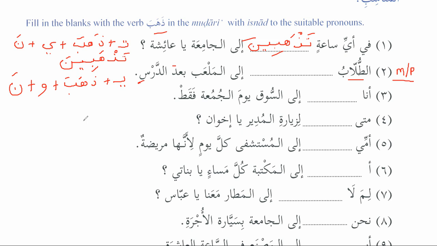So now the extra noon we have to take for the afalul khamsa. Remember we have five afalul khamsa, three from the mukhatibs and two from the ghaibs. So now we have to form yadhhabuna. Yadhhabuna.